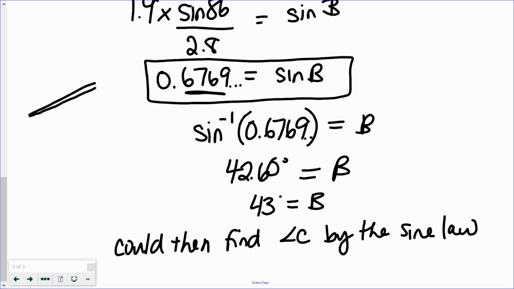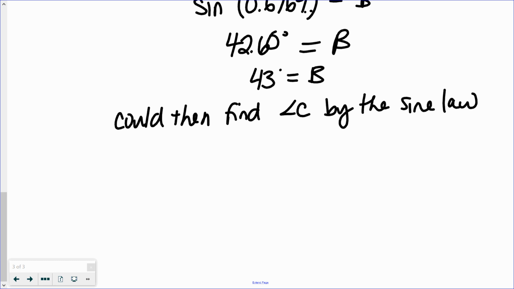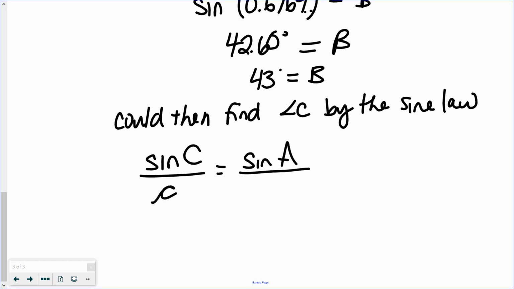So we could use the sine law: the sine of angle C over side length C equals the sine of either A or B. I'd probably use your original. So we could do it this way. Good practice, we're learning the sine law, but I'm lazy.